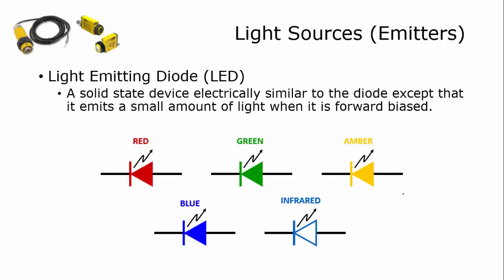I've seen the white, and I've seen the soft white. So they come in a lot of different colors, a lot of different shapes, a lot of different sizes. But again, an individual LED puts out a very little amount of light.